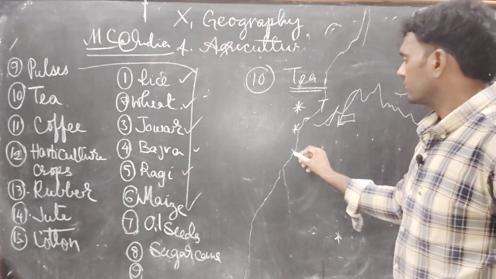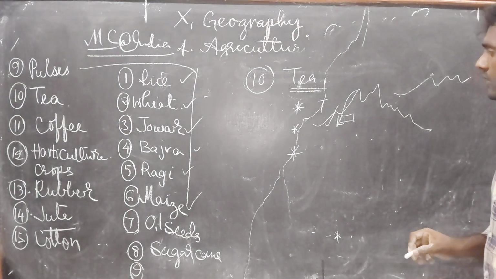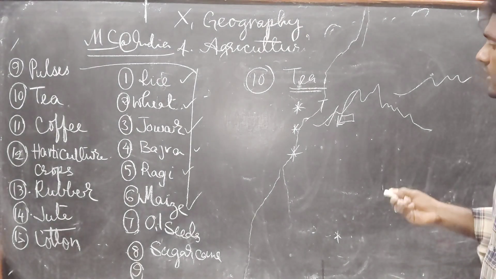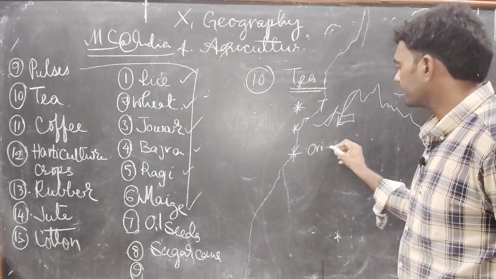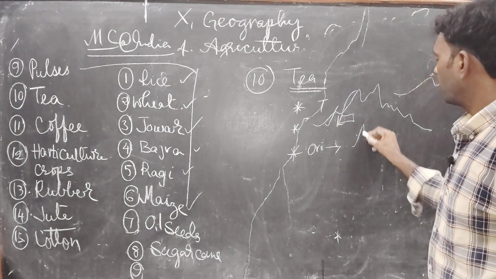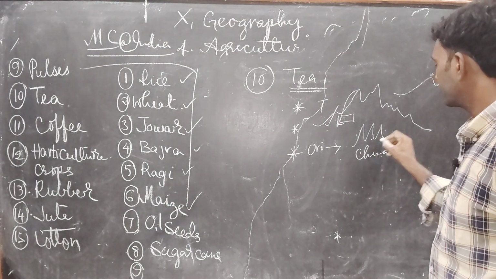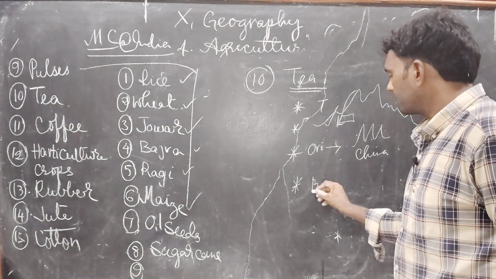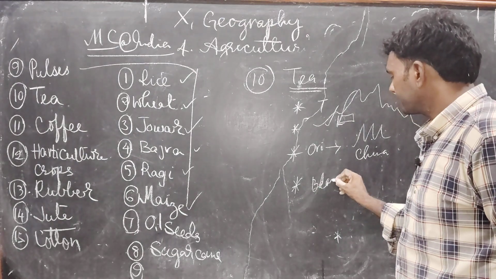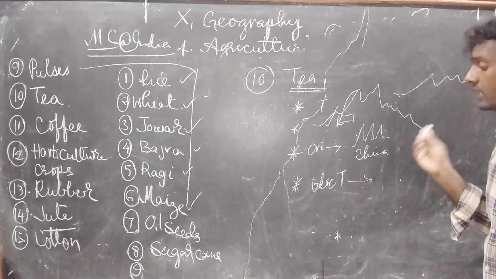Coming to the third point, tea. We consider the home of tea to be the northern hills of China. Black tea is prepared by fermentation of the tea leaves.